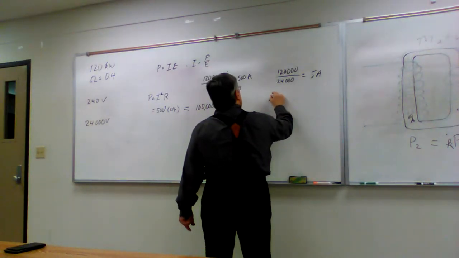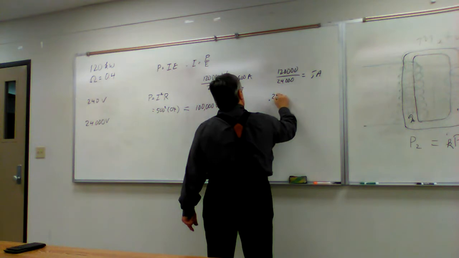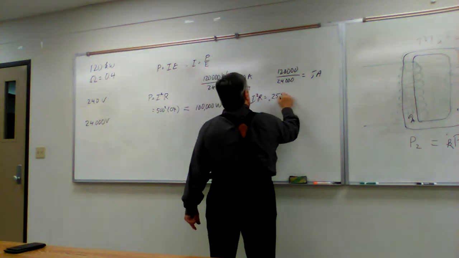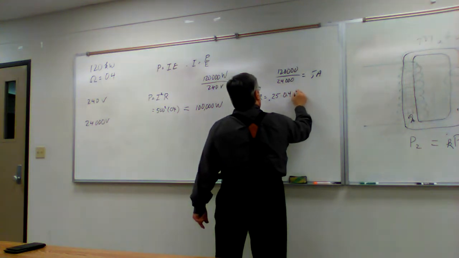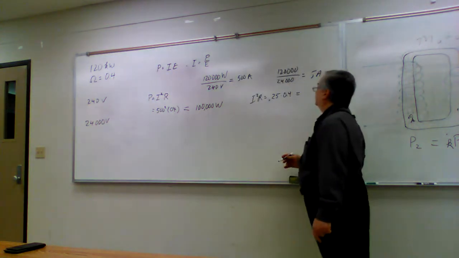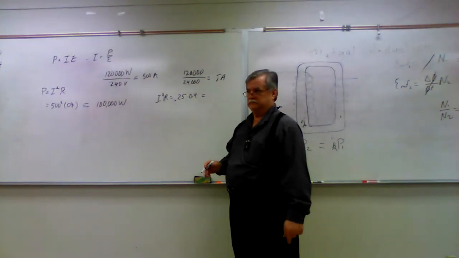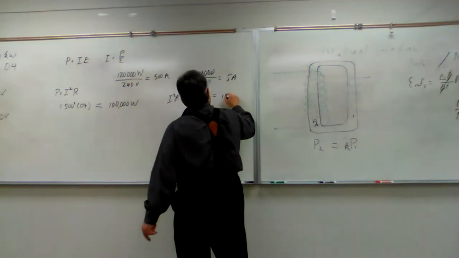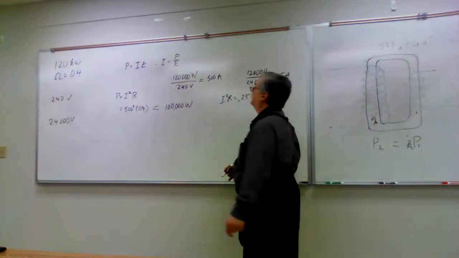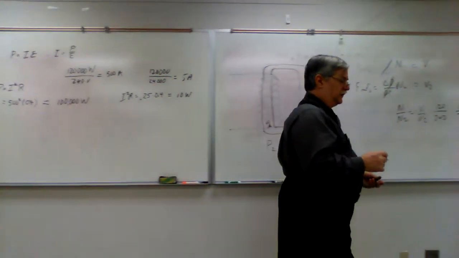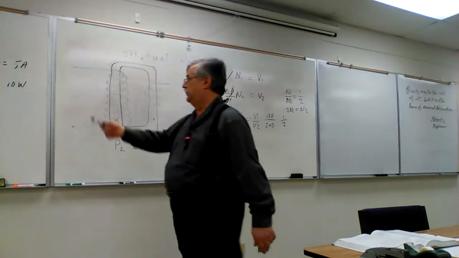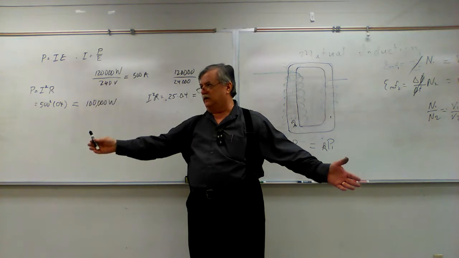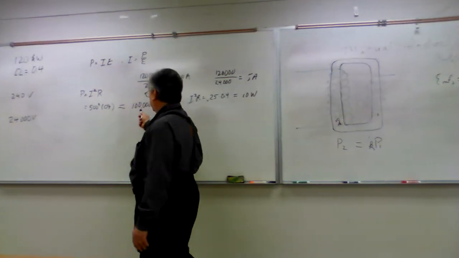Now 5 squared is just 25 times 0.4, which gives us what? 10 watts. So out of 120,000 watts total, you only lose 10 watts in the transmission lines by stepping it up to a high voltage.